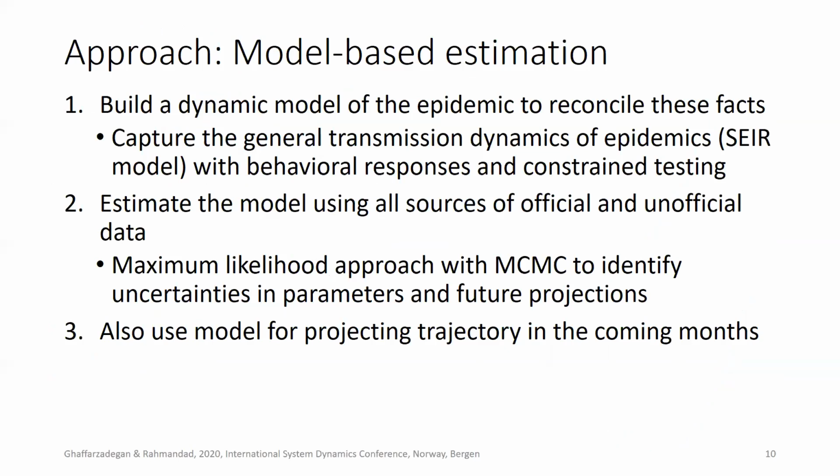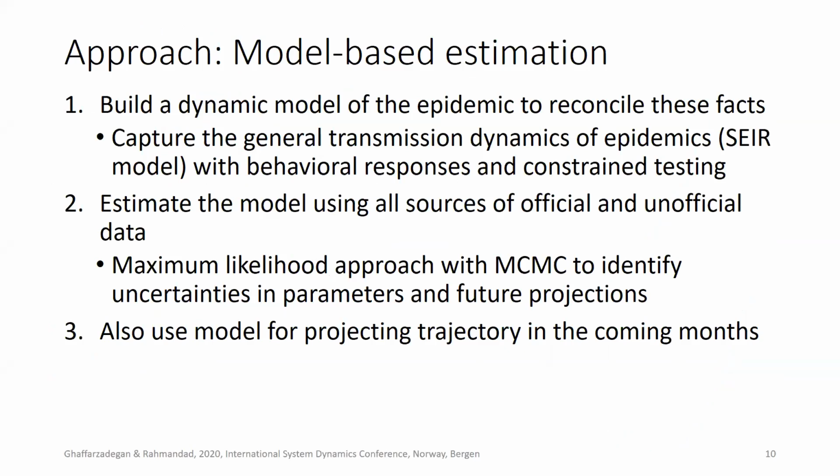So our approach is building a dynamic model, and in that regard, we follow the conventional SCIR models, but we add behavioral responses to the model because of the mechanisms that I mentioned initially, that people respond to the situation.